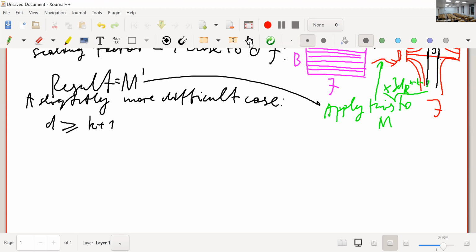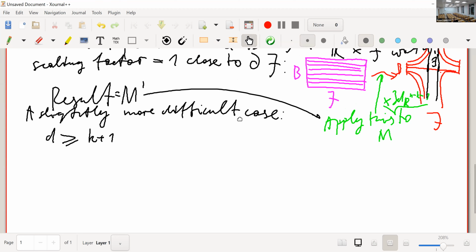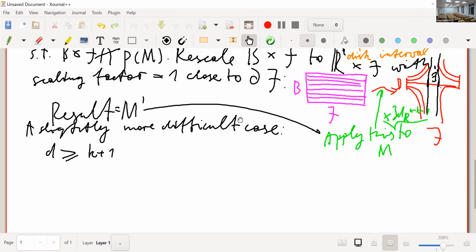And by the way, let's note that here we use the fact that the map is proper. Otherwise, well, the image has measure 0, but it could be, I don't know, everywhere dense.